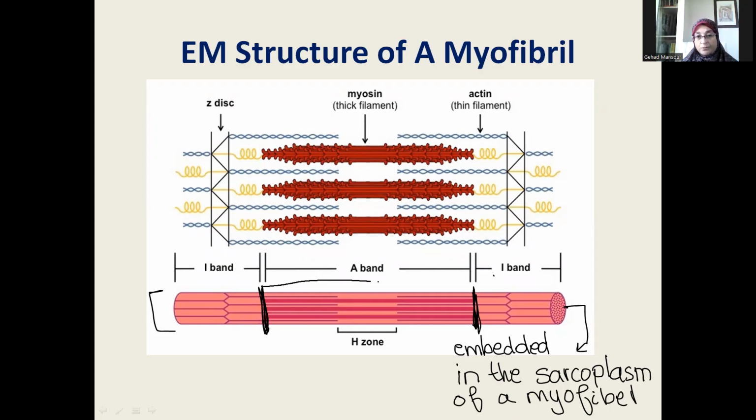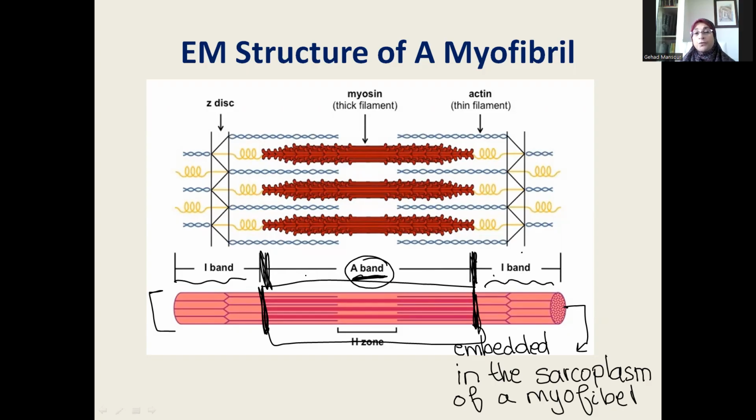The dark band, which is this band, is called the A band, whereas the light band is called the I band. So for every myofibril, we have a dark band that is called the A band that starts here and ends there.